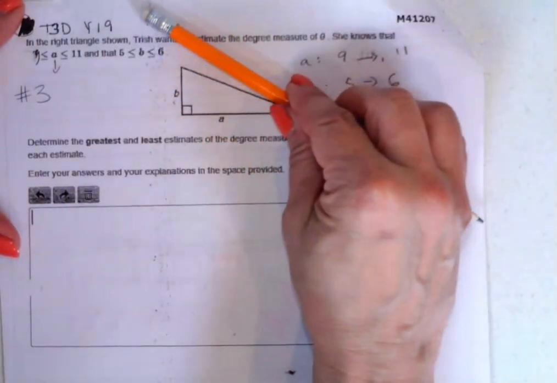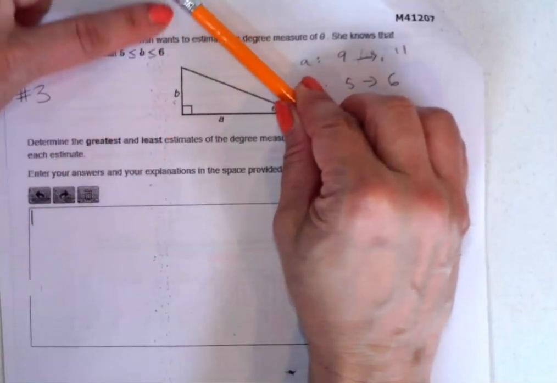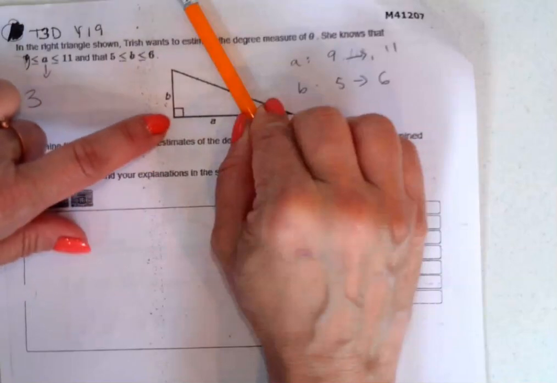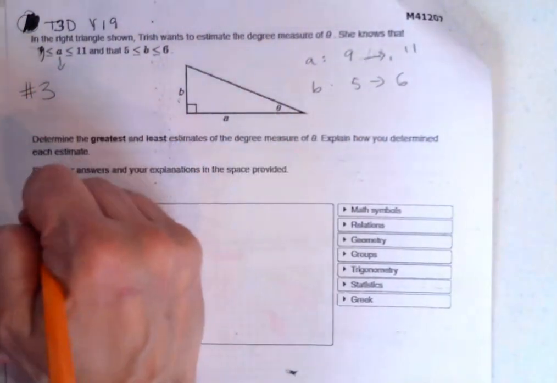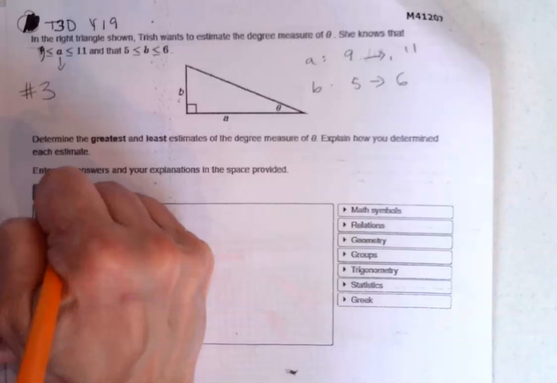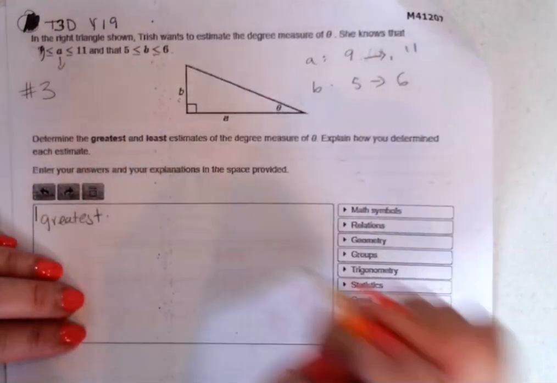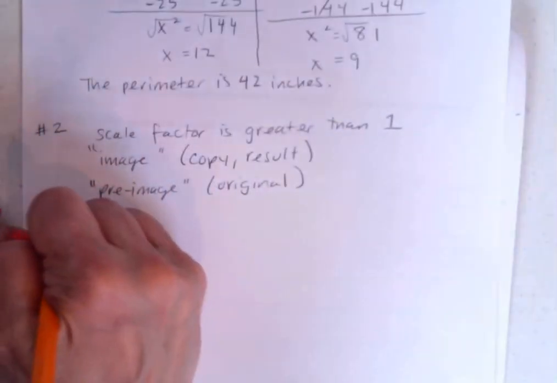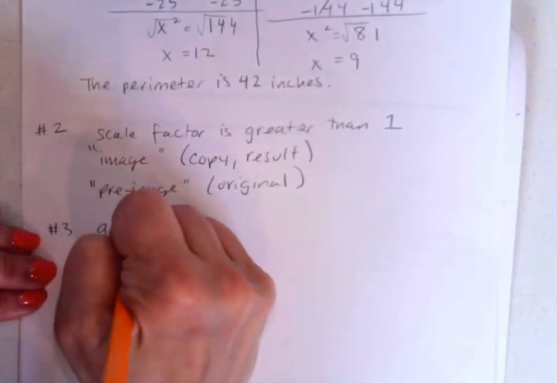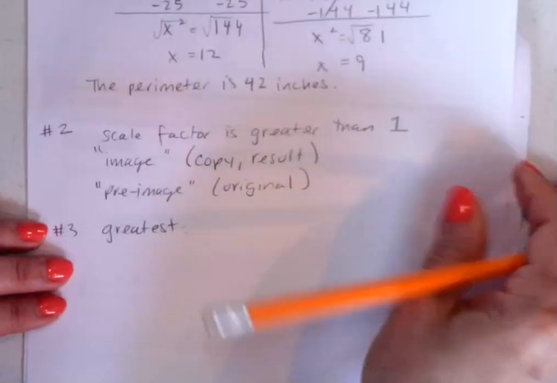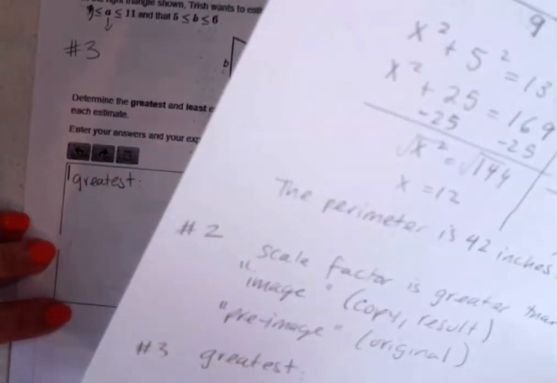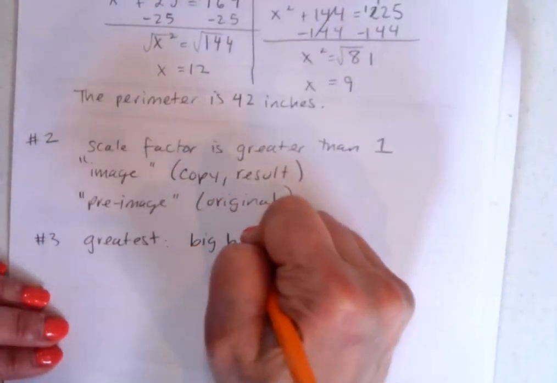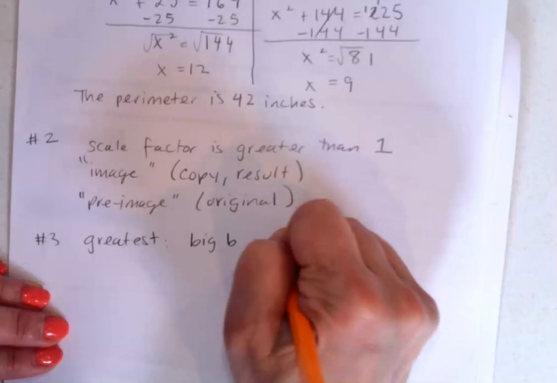As this angle gets bigger and bigger, this length has to get bigger, and this one gets smaller. So if we want to think of the greatest, let's write this down here for number 3. The greatest, I'm just going to write as a note: big B, small a.